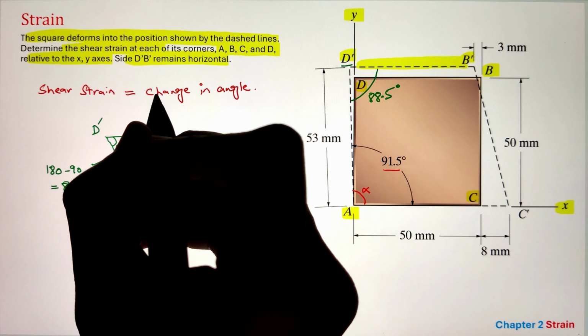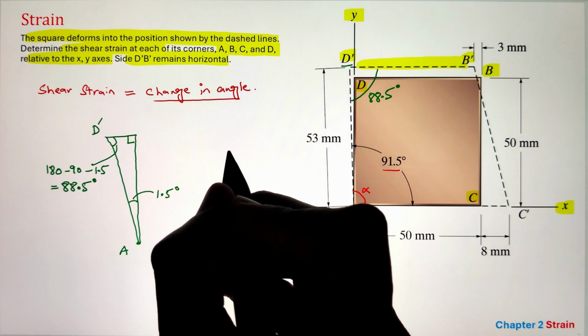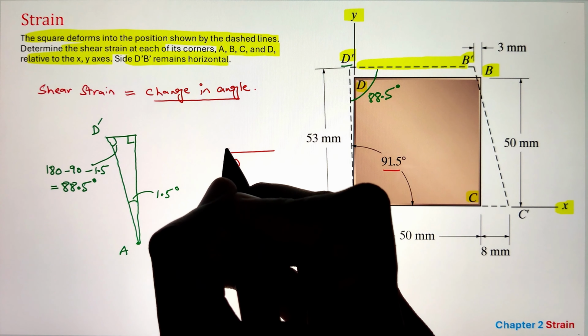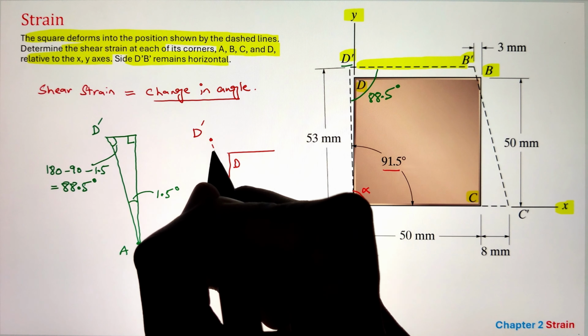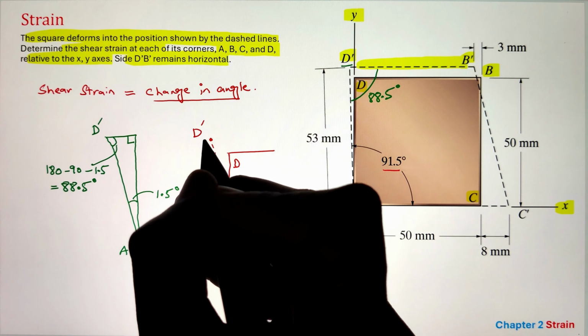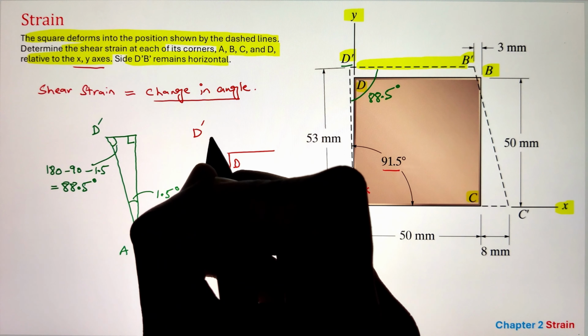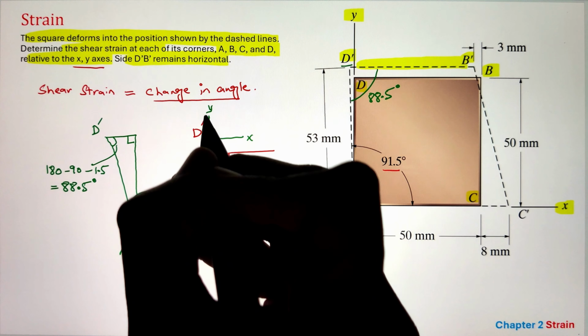Once we have the new internal angle, we have to figure out the change or difference in the angle that is formed. One thing to keep in mind: since we are calculating relative to the xy axis, we want to make sure that we are measuring all the angles from the positive x-axis in the counterclockwise direction.